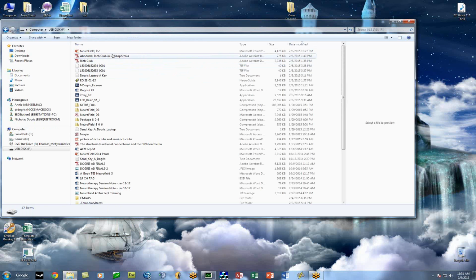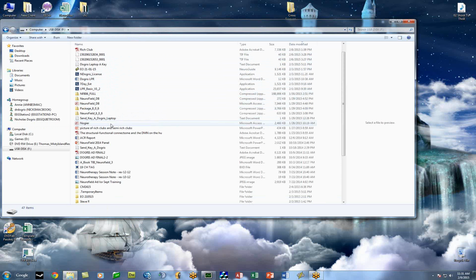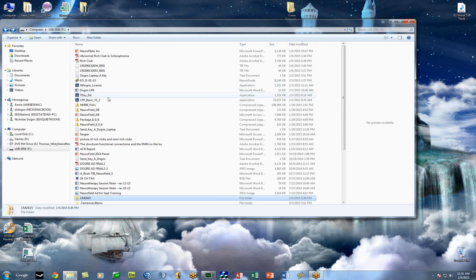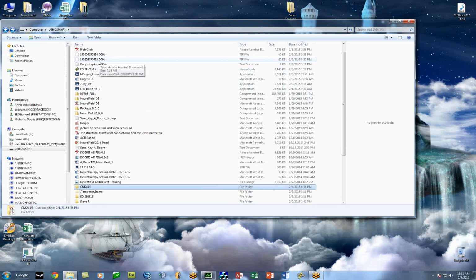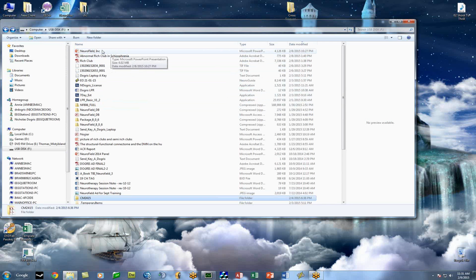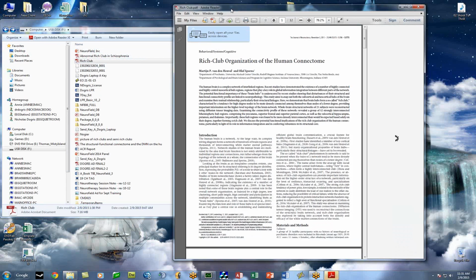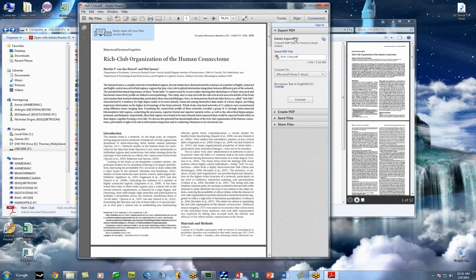Let's see here. Where's my USB? I have that picture. That's not it. The Rich Club. No, that's just the article. I'm going to be throwing this article into the NeuroField download right here: Rich Club Organization of the Human Connectome.